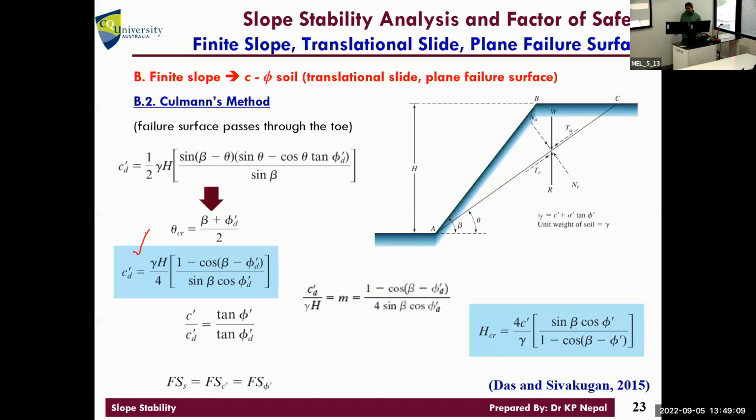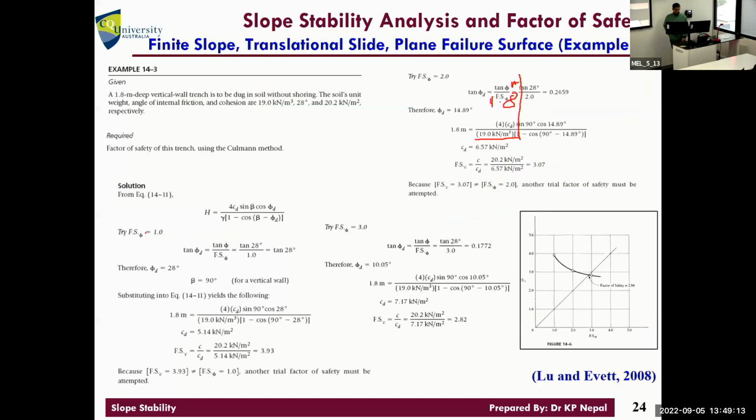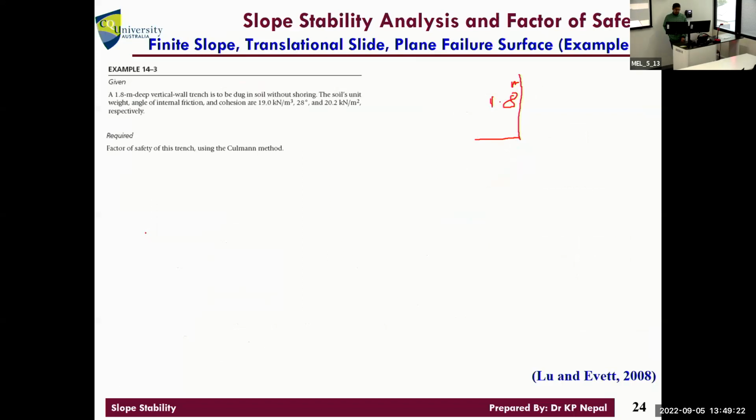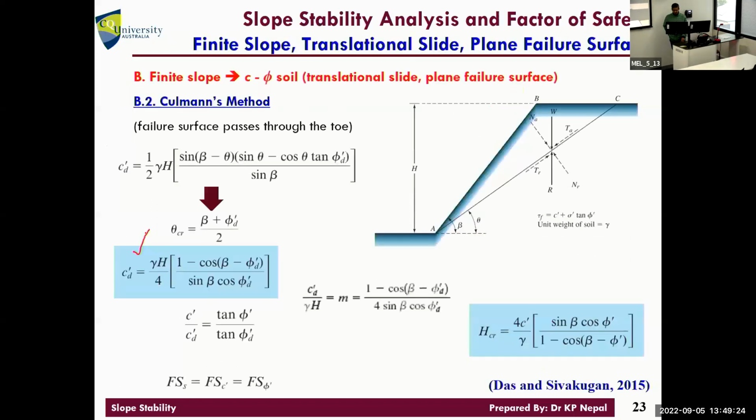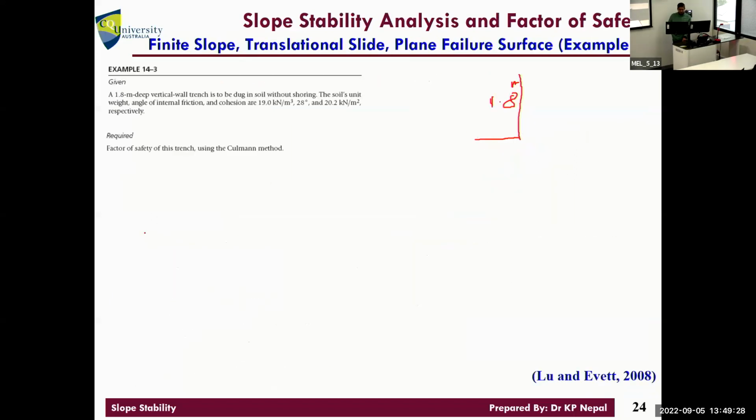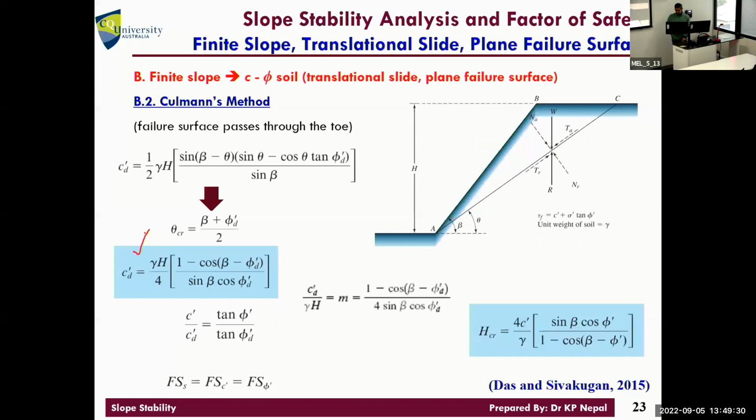Phi developed, what do we need there? Trial and error we need to do because we need to balance out. CD is that. That's the correct equation we are using, right? So the critical height is 1.8.